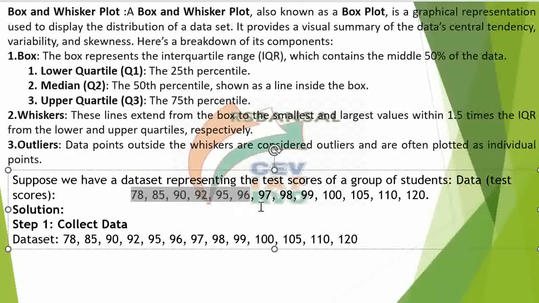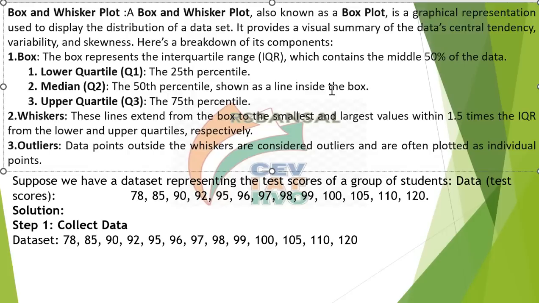So number of terms is 6, an even number of terms. So take the average of the middle two values, 90 plus 92 by 2, so 91 will be the median of this lower quartile. And then you have to find the median of the whole data set.